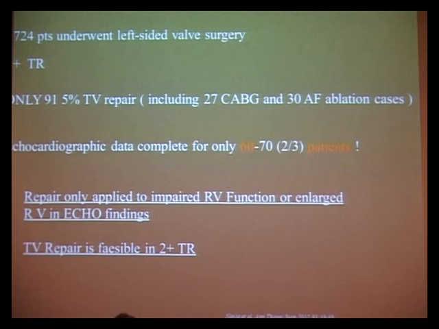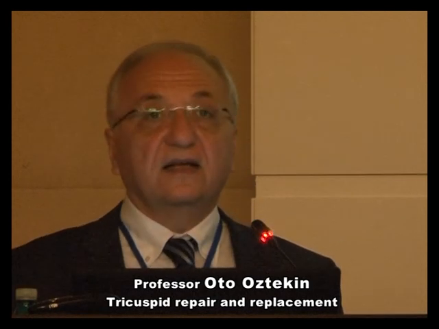It is about 5%. And then they are giving a very strong conclusion, saying that repair was only applied to impaired right ventricular function or enlarged right ventricular echo findings. Also, they are saying that for 2 plus tricuspid regurgitation, if there is a concomitant left ventricular problem, it is feasible. But the numbers and the performed operations are not very many.